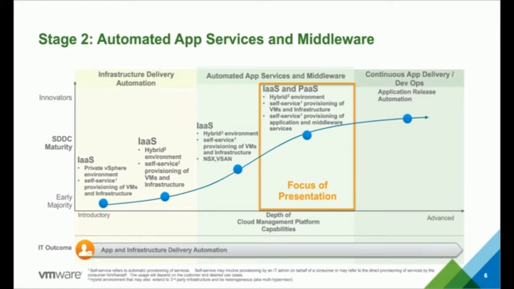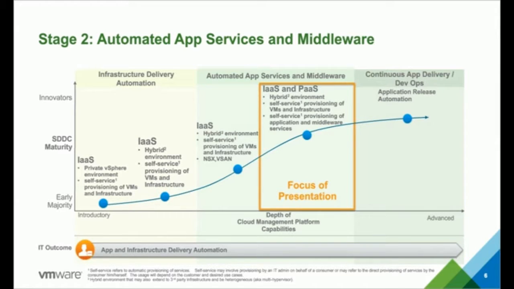There are 3 stages to this IT outcome. Stage 1 focuses on enabling infrastructure and operations teams to automate the delivery of infrastructure services for application teams. And once you have the foundation for IaaS, Stage 2 enables you to automate the delivery of application and middleware services so that application teams can accelerate the deployment of integrated multi-tier apps.